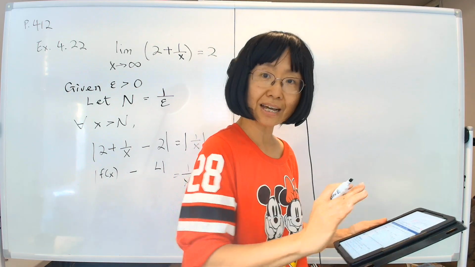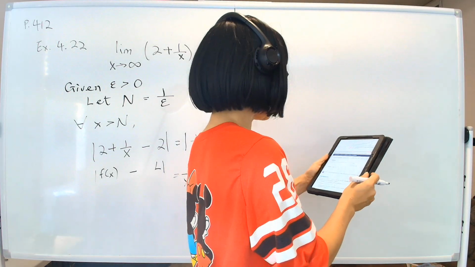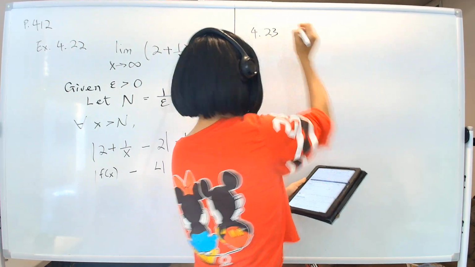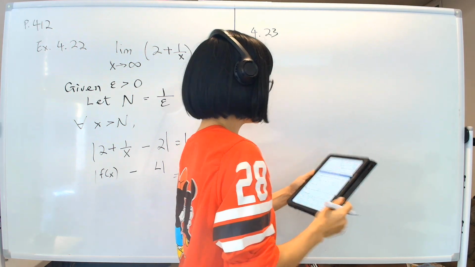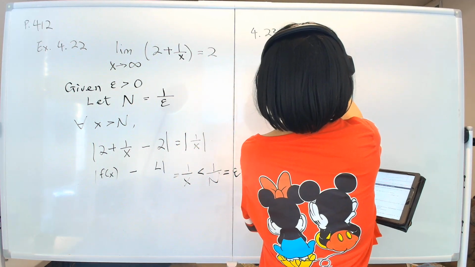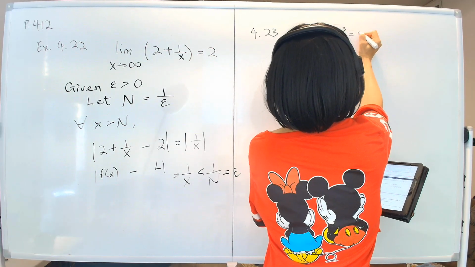It's done with this kind of formal definition and formal proof. So let's look at example 4.23, which says we need to prove that the limit as x approaches infinity of x cubed equals infinity.